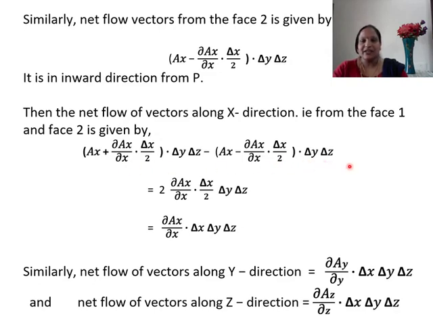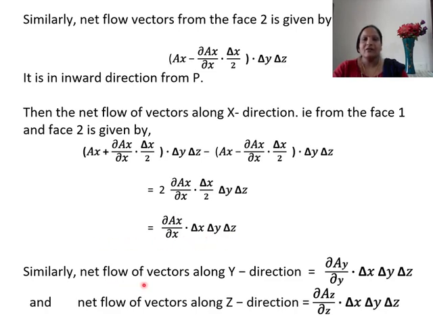After simplification, we get 2 ∂Ax/∂x into Δx by 2 Δy Δz. 2 gets cancelled. After complete simplification, the net flow of the vector along x direction is ∂Ax/∂x into Δx Δy Δz.